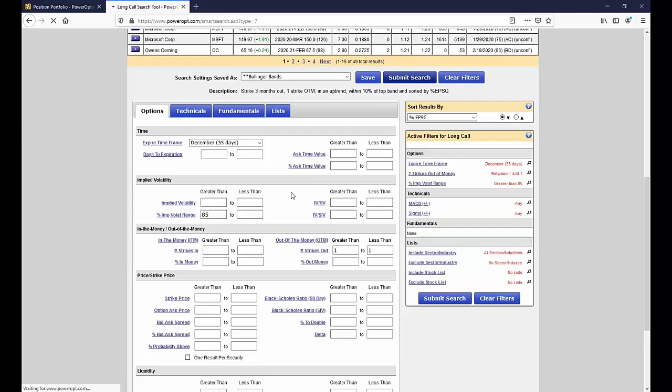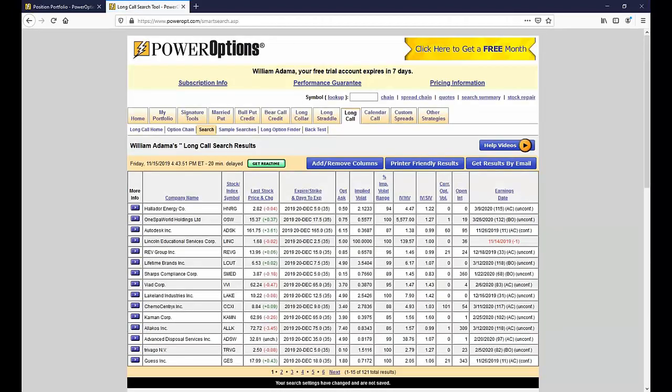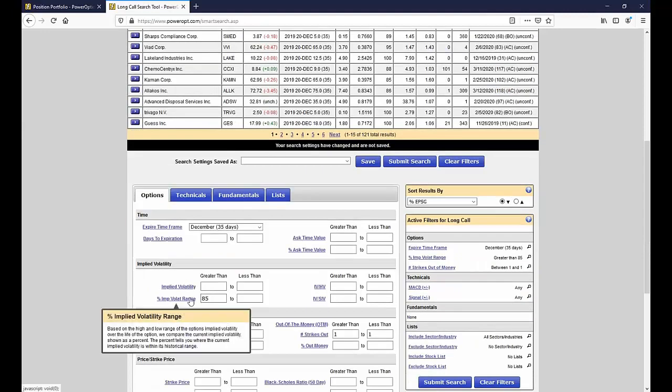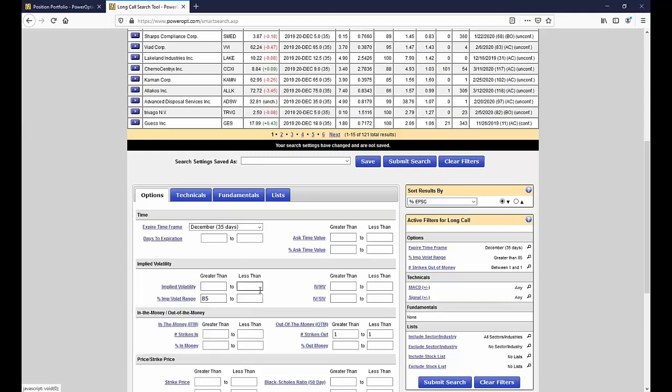So I'm only looking for that at or just out of the money option on any stock where the option's current implied volatility right now is within the 85th percentile of the entire range of the option since it's been released on the market. So through all the conditions that have happened, fluctuations, that's what it's looking for. Where is the IV of the option now compared to where it has been over the life of the option?